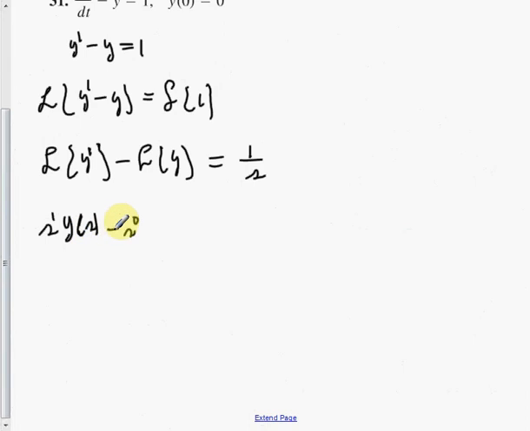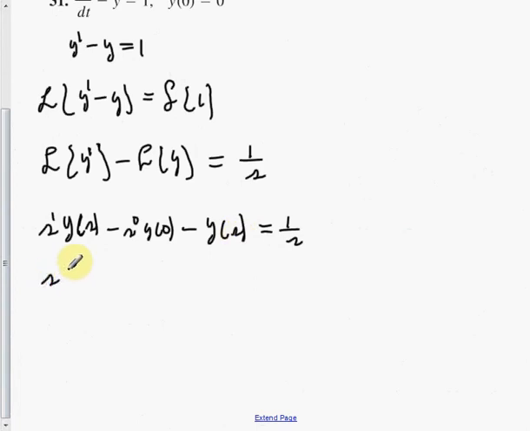I'm going to use Y of s. This is times y of 0. Well, there's no more there. And this is minus the Laplace transform of y, we just call that capital Y of s. This is equal to 1 over s. This Y of s simply means that's the same thing as the Laplace transform.